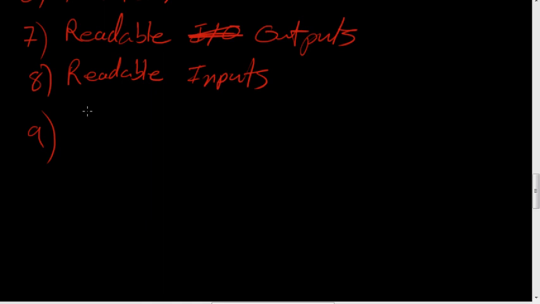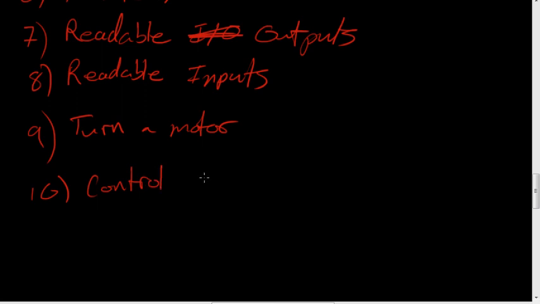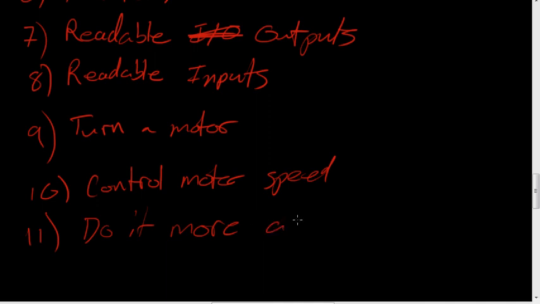So for number 9 and the stepper, we just wanted to turn a motor simply. 10, control the speed of the motor. 11, do it more accurately. 12, we want a feedback loop, so feedback control.